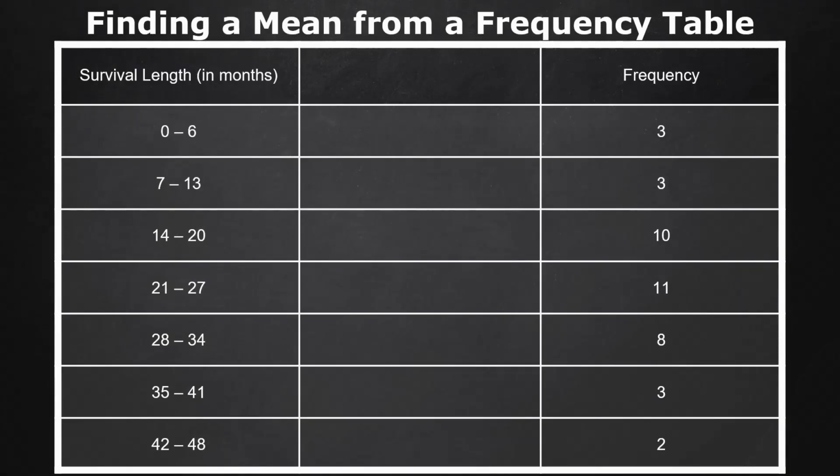Alright, so here's our neat little frequency table from the last video. Now let's say that we wanted to find the mean of this table. First thing we gotta do is find the class midpoints. Now how do we do that? We need to get both the endpoints of the class, add them together, and then divide by 2.